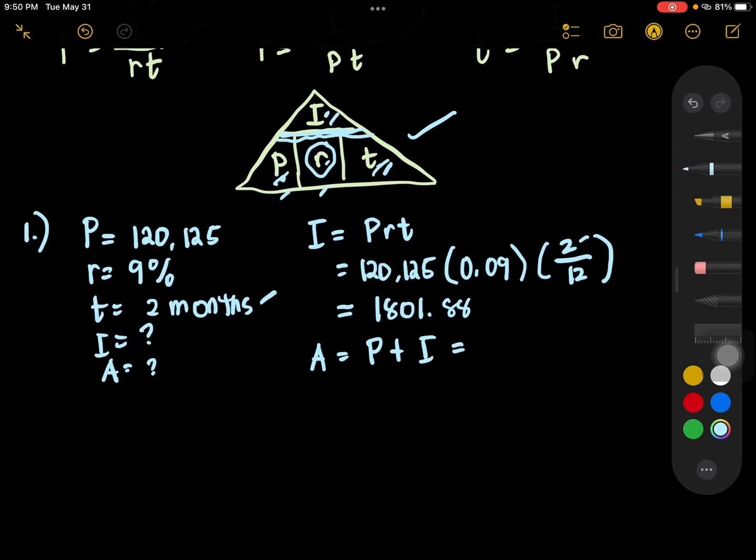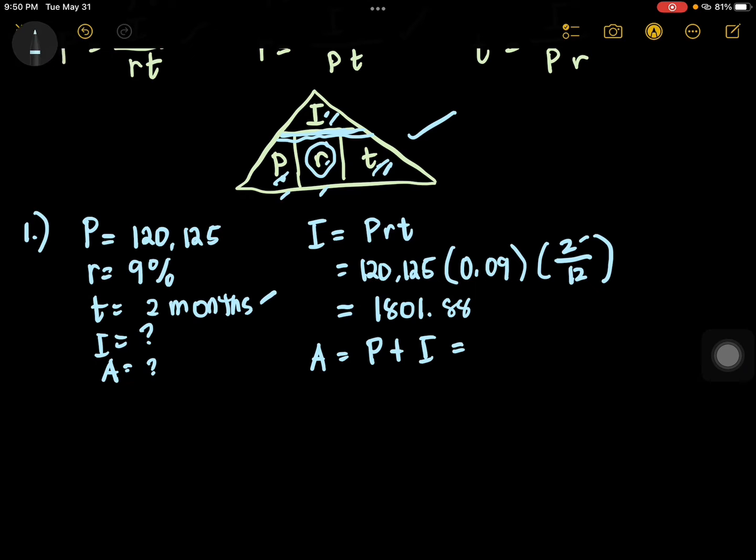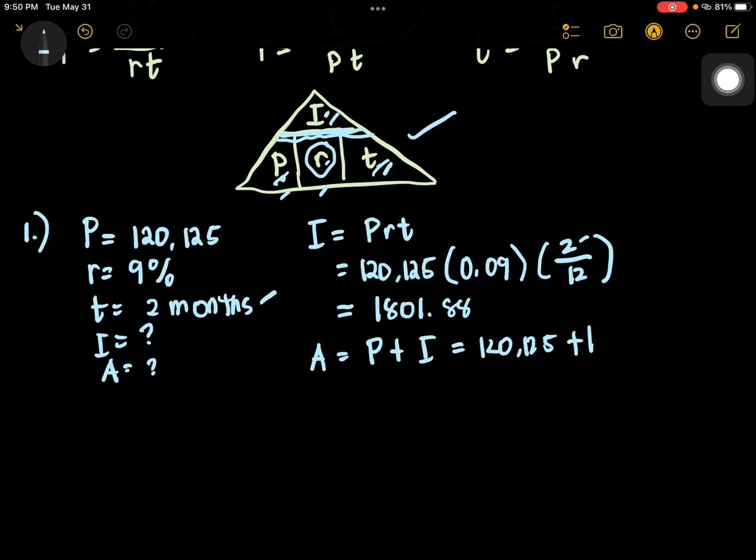So we have the principal is 120,125, and then we have the interest as 1801.88. So our answer here is 121,926.88. So we have our interest as well as the final amount. Okay, so that is our problem number 1.